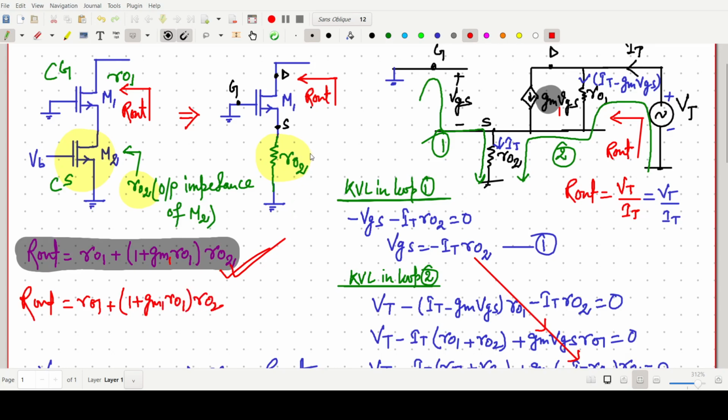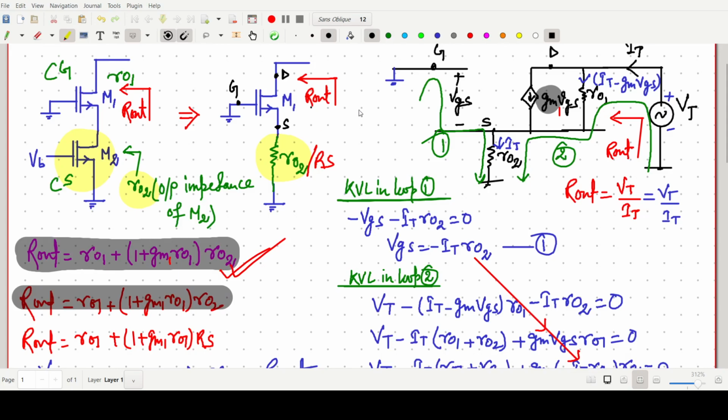In some cases, if there is an RS resistance, R output will be r_o1 plus (1 plus gm1 r_o1) into RS. The same thing. This is a very important concept, so we can easily write the output resistance using it.